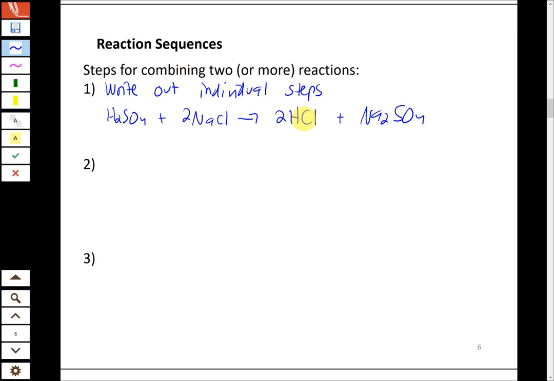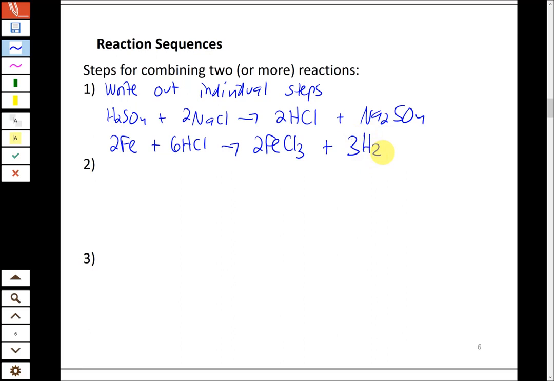All right, so that is the first equation, and then let's say we're going to use HCl to oxidize iron, Fe, into iron chloride and then produce hydrogen in the process. This is our second equation.